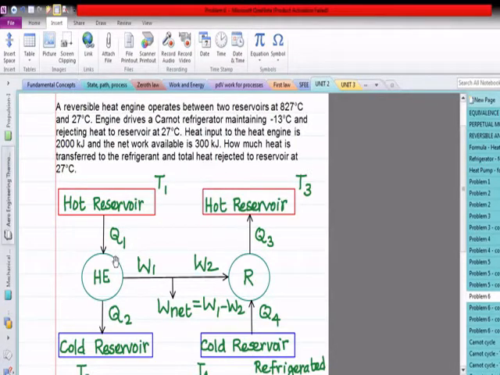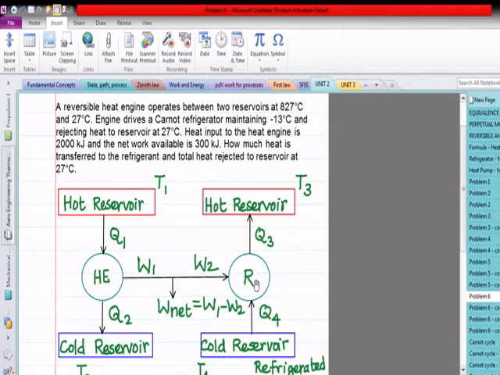Okay. What is the contrast between heat engine and refrigerator? You all know well. Heat engine receives heat from hot reservoir, converts the heat received partly into useful work and rejects some amount of waste heat to the cold reservoir.